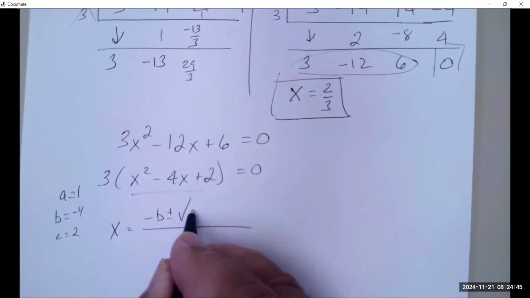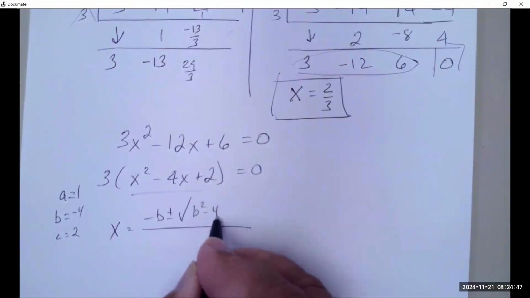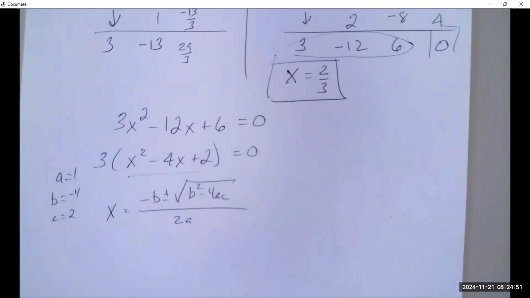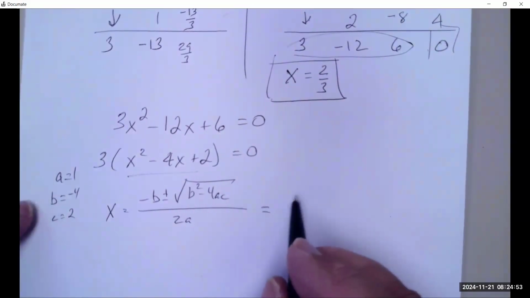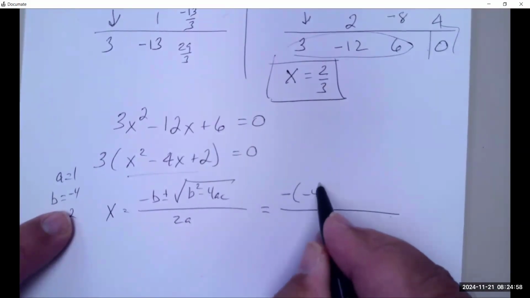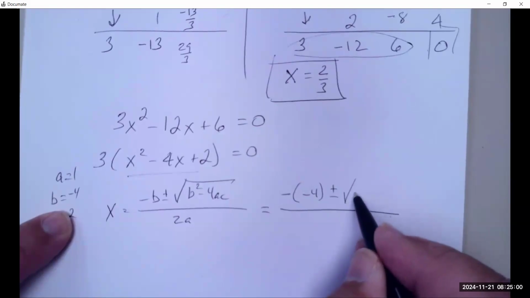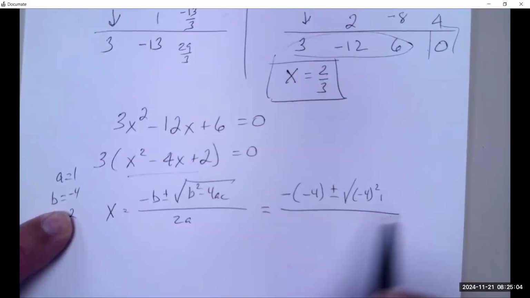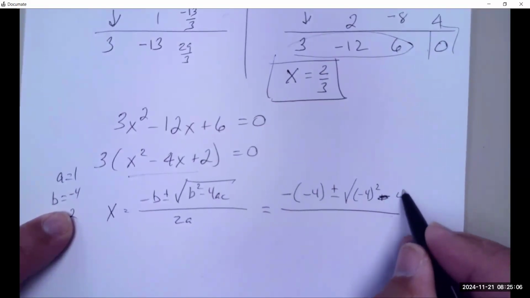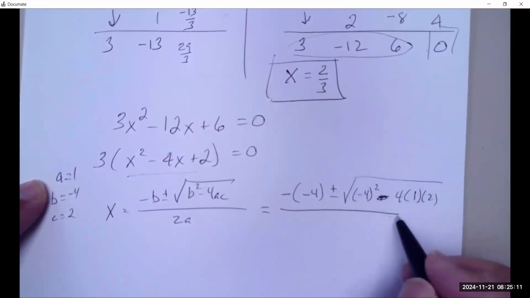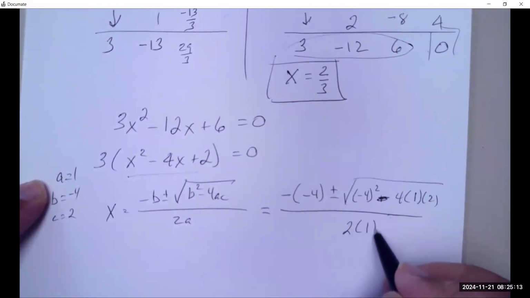Negative B plus or minus the square root of B squared. B is -4, so negative of -4 plus or minus -4 squared minus 4 times 1 times 2, over 2 times 1.